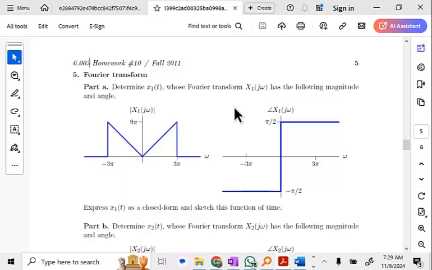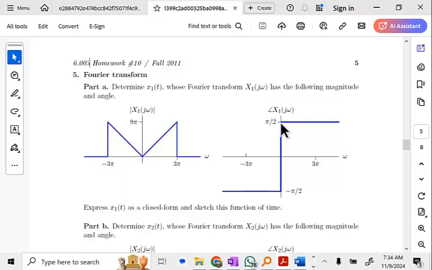Now, it's pretty clear that the value of the function is 0 outside of minus 3 pi to 3 pi. The magnitude is linear, and the phase goes from pi over 2 to minus pi over 2. Now remember, if a complex number has phase pi over 2, then it's imaginary.